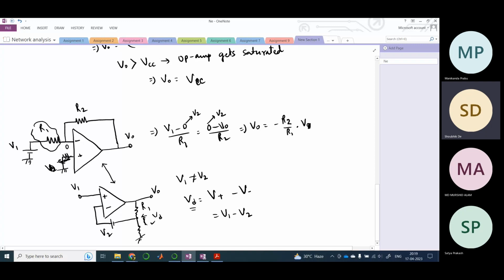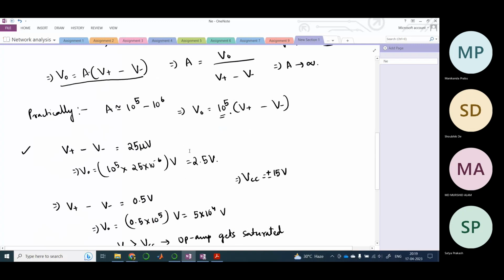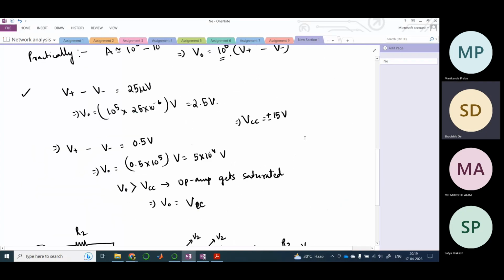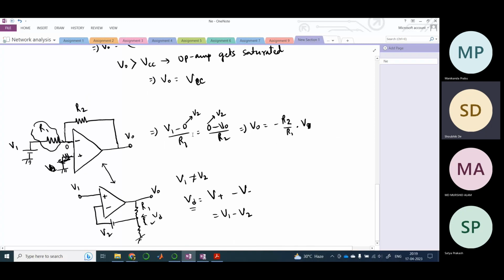Even if this is grounded using a resistor, the potential at this point would be zero because it is grounded, and there would be no current flowing into this path because this is open circuit. So therefore the total current would be flowing through the feedback path.